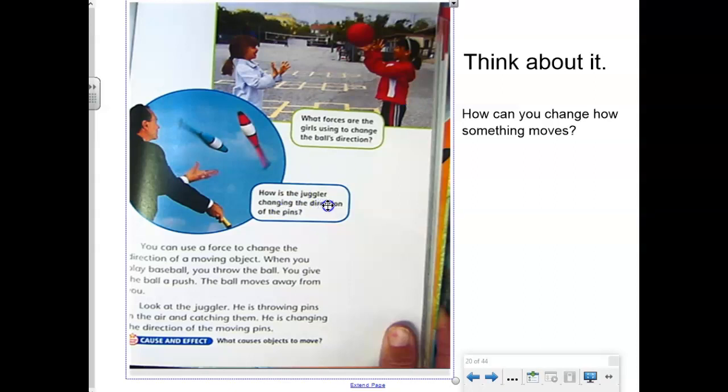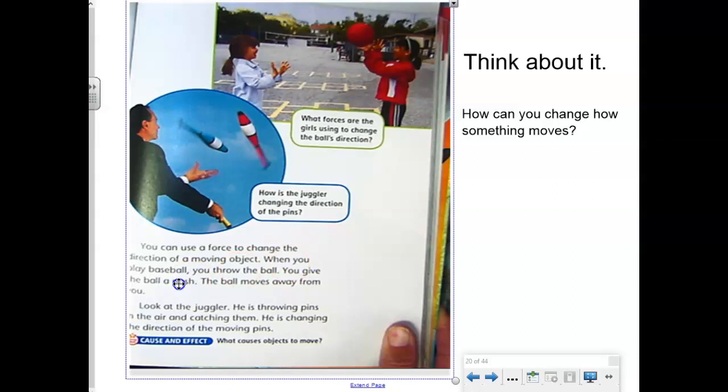How is the juggler changing the direction of the pins? Yes, he's using his hands to push in the direction he wants it to go. You can use a force to change the direction of a moving object.